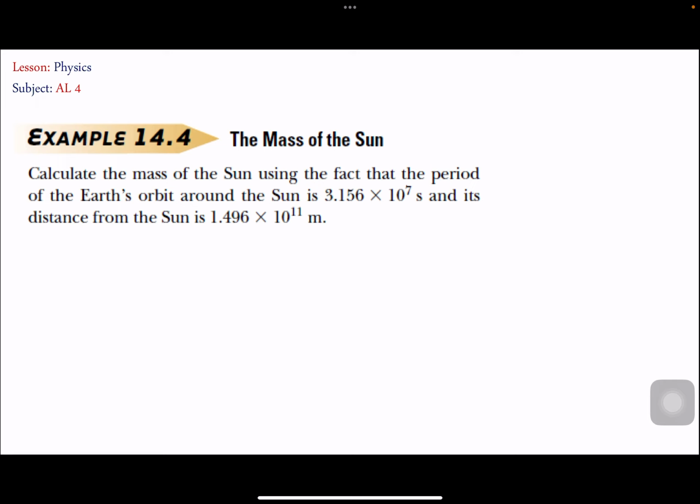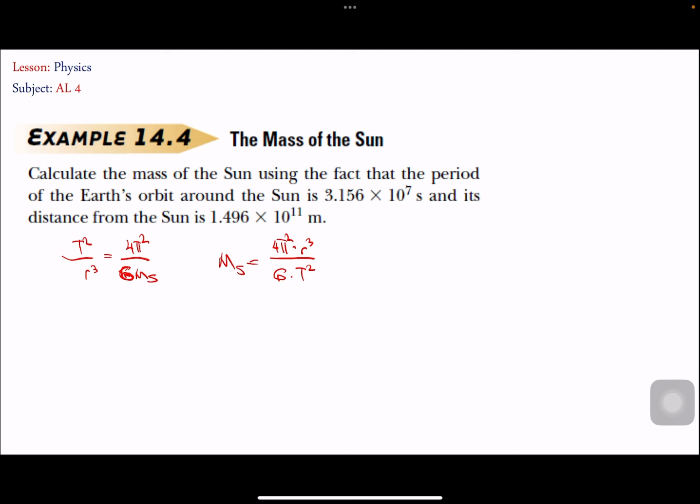We know that T squared over R cubed equals 4π squared over G times mass of Sun. We've derived this formula just before. So the mass of Sun will be equal to 4π squared times R cubed over G, universal gravitational constant, and T squared. So I will plug in the numbers.